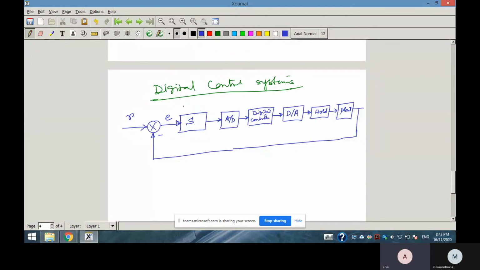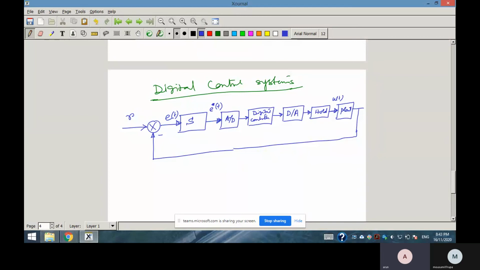So now you can see here e(t), a continuous time signal, is getting sampled. The sampled signal is represented as e star, and u(t) is the control effort to the plant. So what is done? The tracking error is sampled, and then the sampled signal is converted into a digital signal using the AD converter.